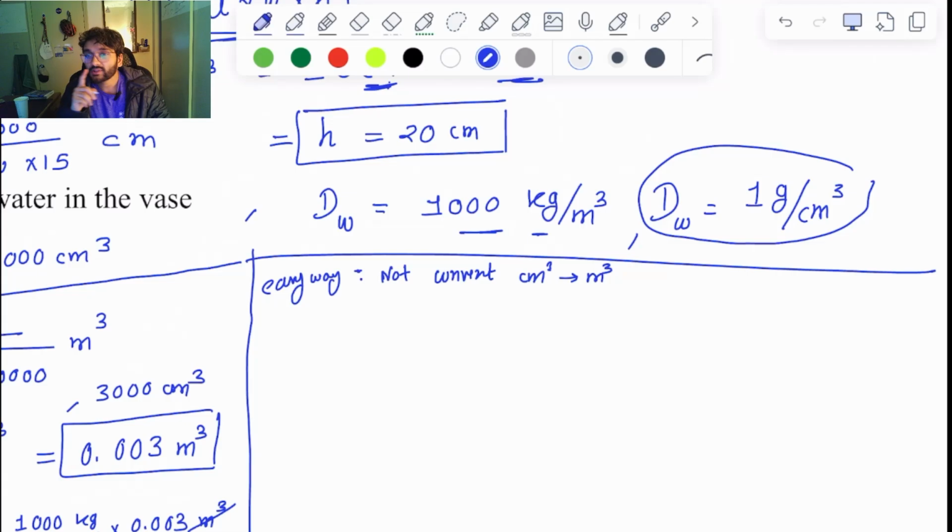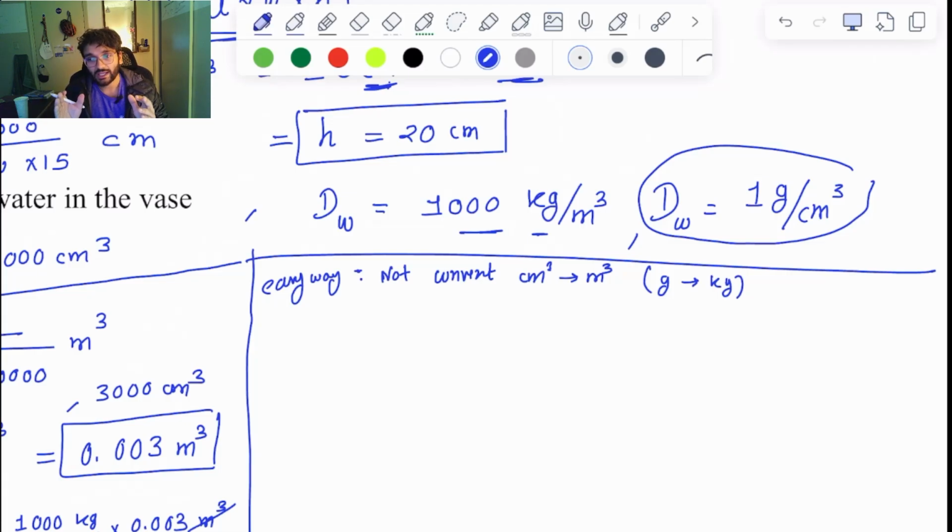Eventually we'll have to convert gram to kilogram, but it is an easy conversion compared to centimeter cube to meter cube. Because the volume is already given in centimeter cube, I can use the density, which is also in terms of centimeter cube, to find the mass in grams. And once I have the mass in grams, I can convert that to kilograms. So that's the other way, right?